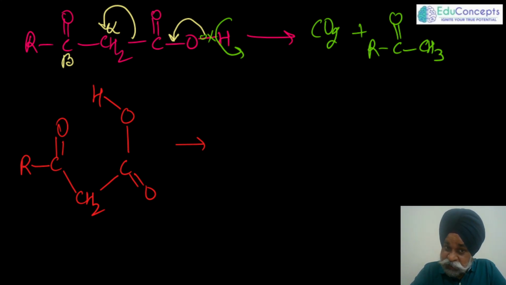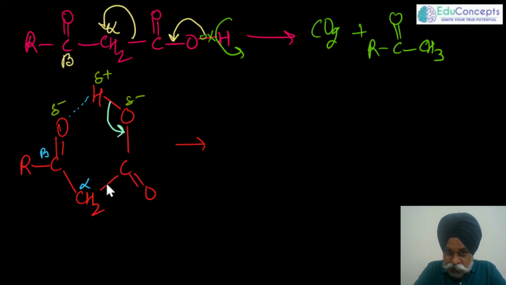Why it happened this way is because, if you write alpha and beta, you can see that intramolecular H bonding is possible. This is delta positive and this is delta negative. This delta negative would like to snatch this H positive towards itself, resulting in the formation of carbon dioxide. How does it happen?